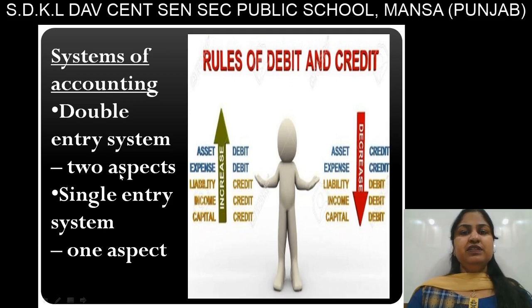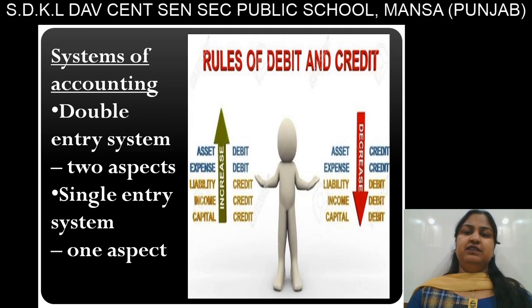And due to these two aspects, there is the birth of two words, known as debit and credit. One aspect is to be debited and another aspect is to be credited in the books of accounts while recording the transaction. So now here again one question arises: which account should be debited, and which one should be credited?